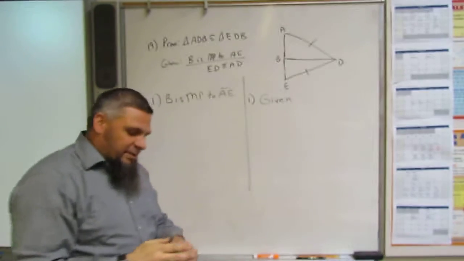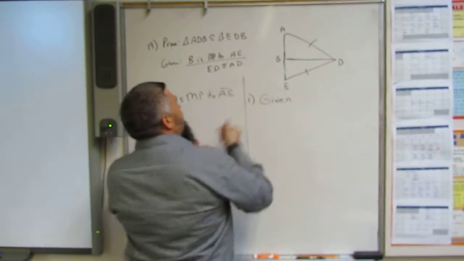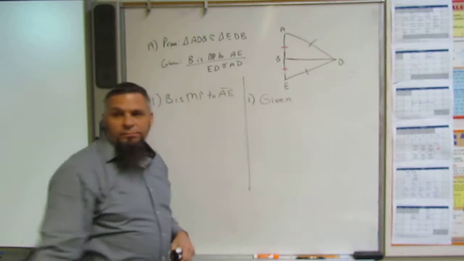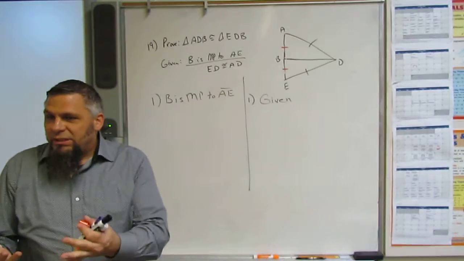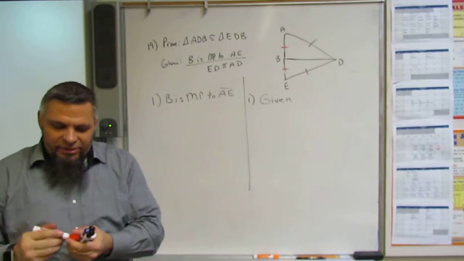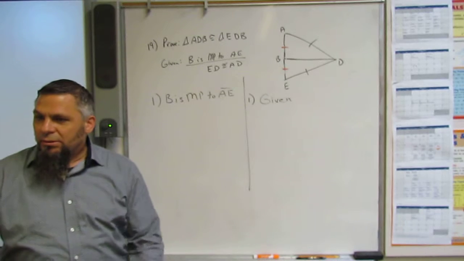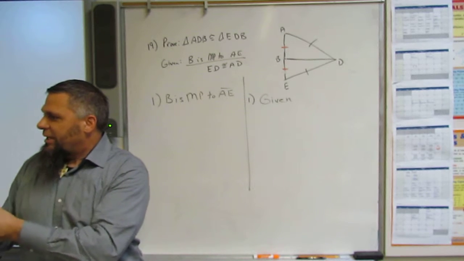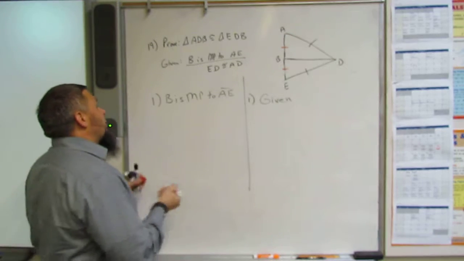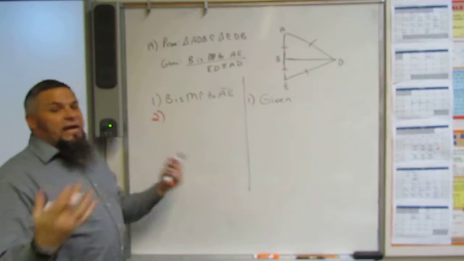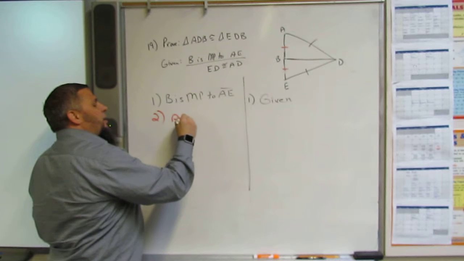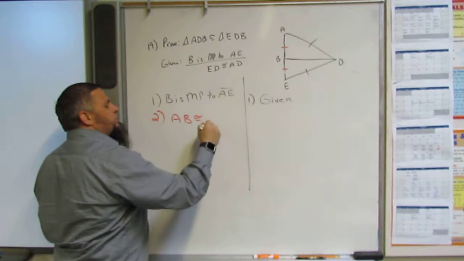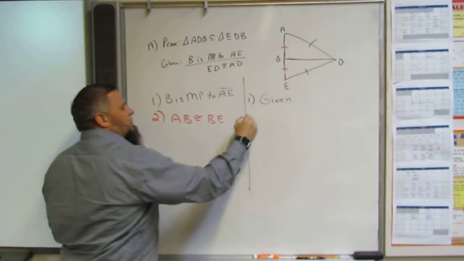And if it's cut in half, that means these two are congruent. So anytime anything's cut in half, if I take these two pins, I cut them in half, and they're going to be congruent to each other. It just makes sense. So number 2 is exactly that. We're going to go with AB is congruent to BE.